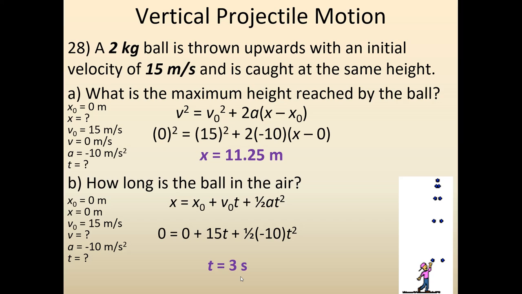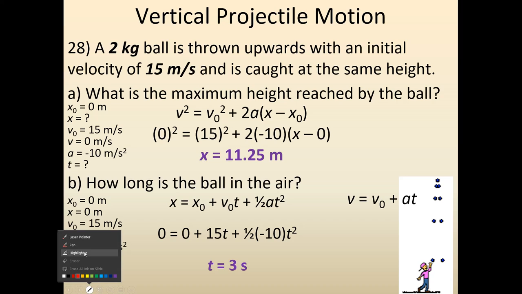There's a second thing you could do. Because this is a symmetric problem, we can actually use this equation because we do know what the final velocity is in a symmetric setup. Just as I said before, just like how the time is the same going up and coming down, the velocities are also the same. If it gets thrown up at 15, it's going to come down at 15.